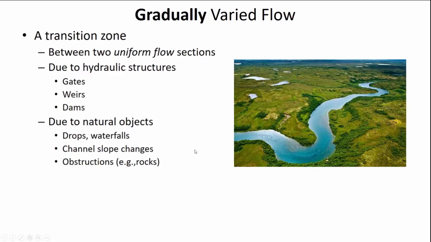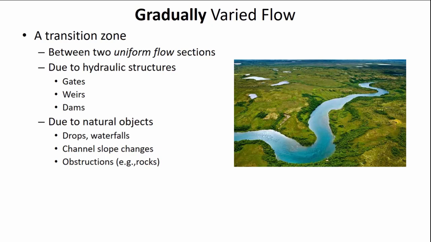Let's talk about gradually varying flow. Now, I've got a picture of a river here, and most of the time the flow will be varying in some way. When we talk about a natural channel, it would be very unusual for us to have any length of channel that is uniform flow unless it's an engineered channel, like a canal that's prismatic with a uniform slope.